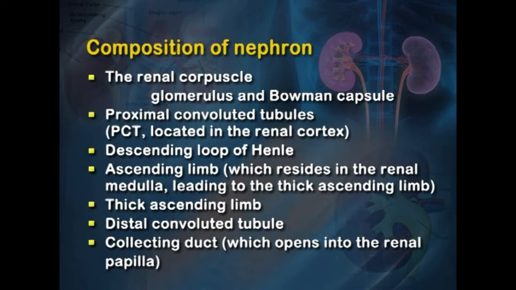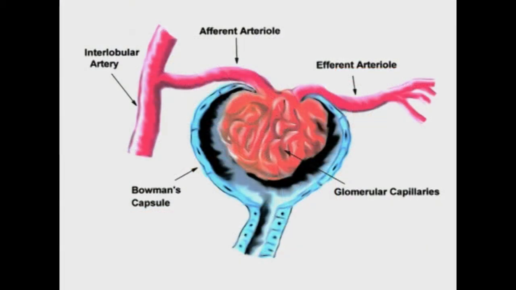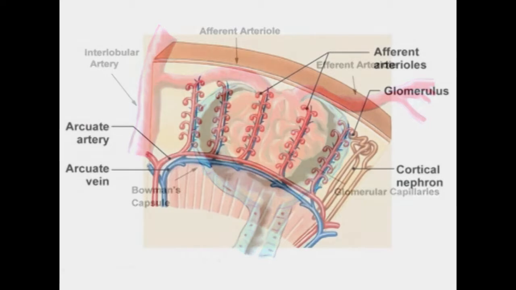The glomerulus is basically a tuft of small blood vessels called capillaries located within a Bowman's capsule within the kidneys. It receives blood from a single artery, called the afferent artery.